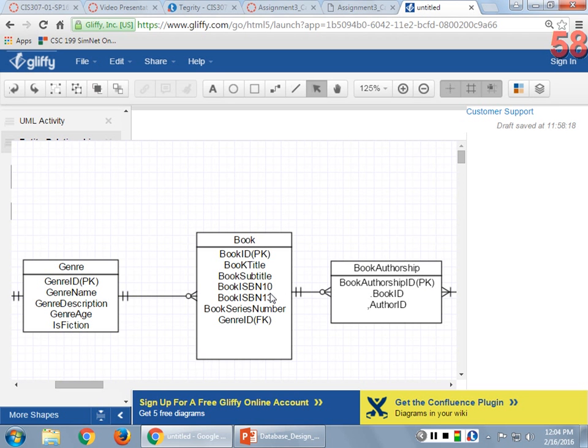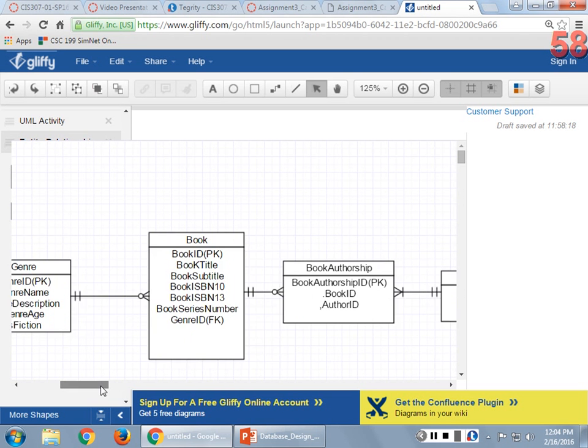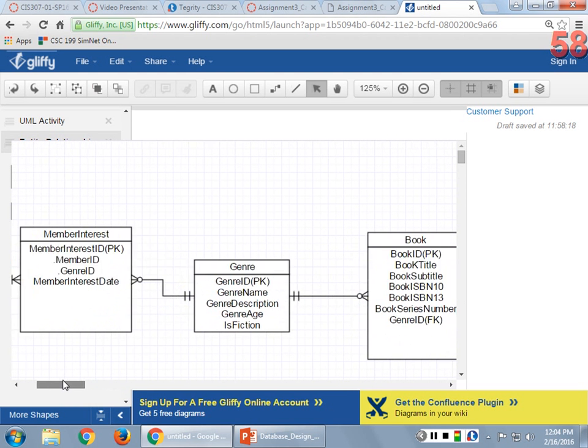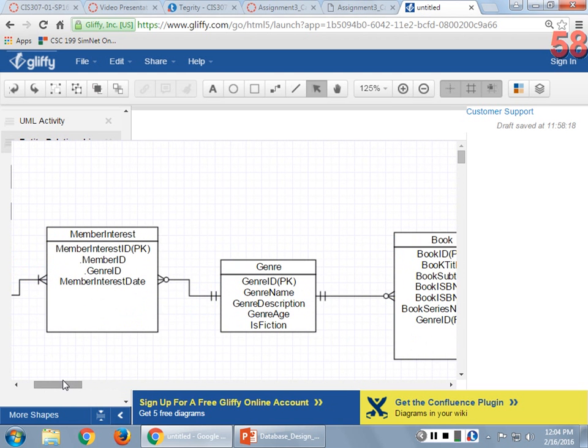I don't know enough about those codes to say yes or no. But it's a good observation. Well, I don't see any violations of the third normal form either. Okay.